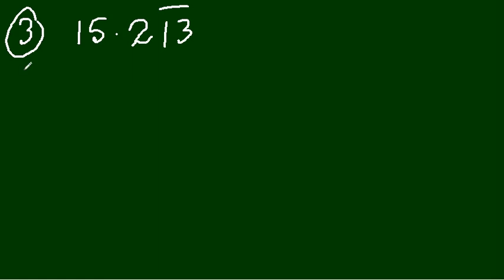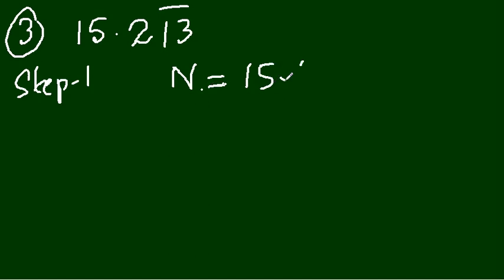So first, anyway, we start with our step 1, where I write my n as 15.213 bar. Now here our first step should be to bring the 2, which is the non-repeating part, to the left hand side.